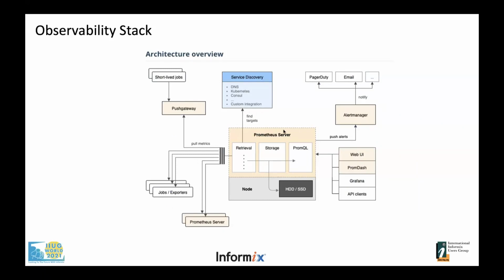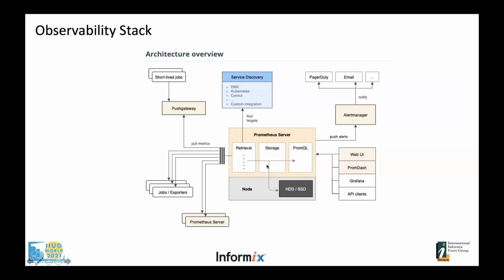Telegraf pushes the metrics, and if you use the Prometheus client, it will pull the metrics, and then you send it to a time series database, that is the Prometheus server, or maybe another database like M3DB, depending on your use case.